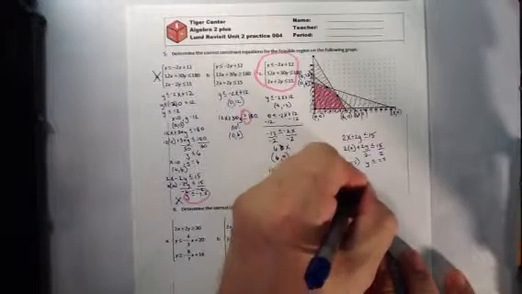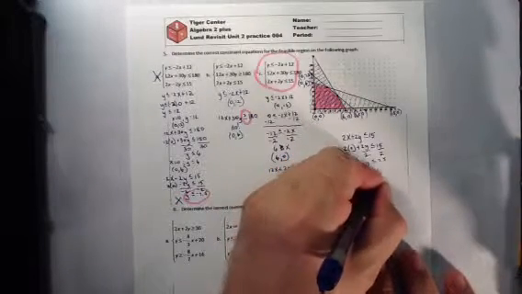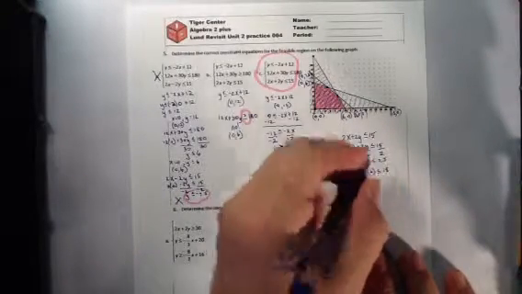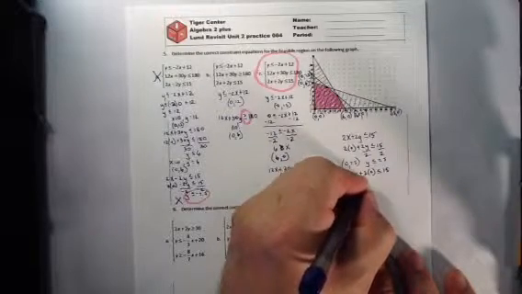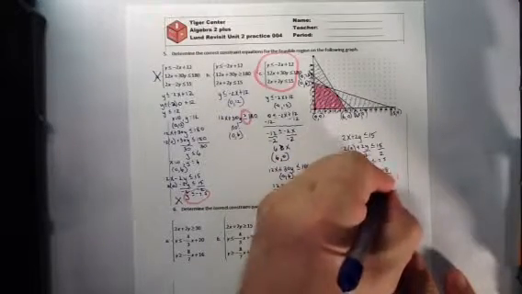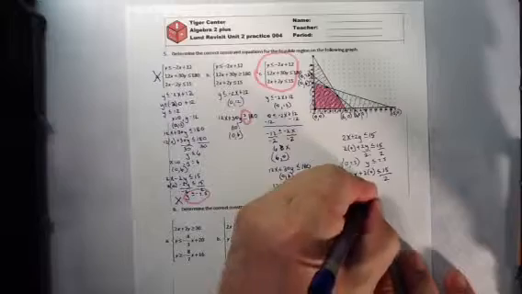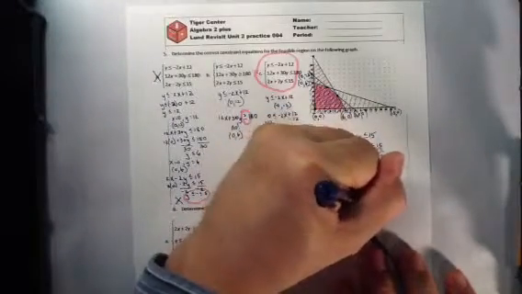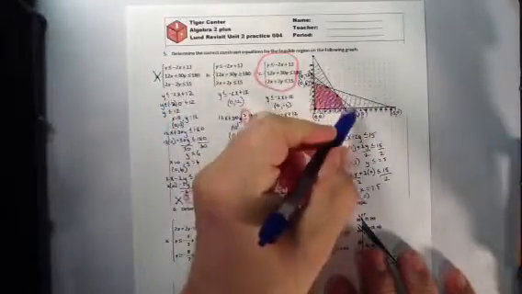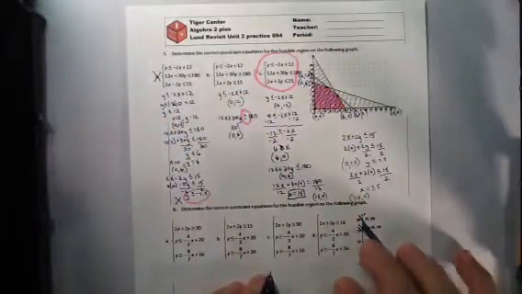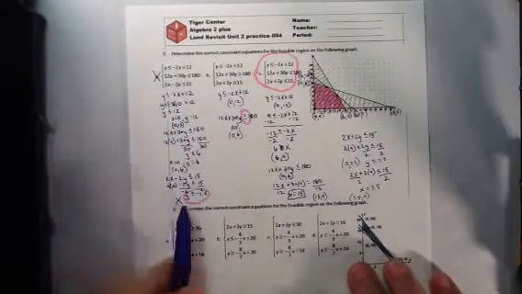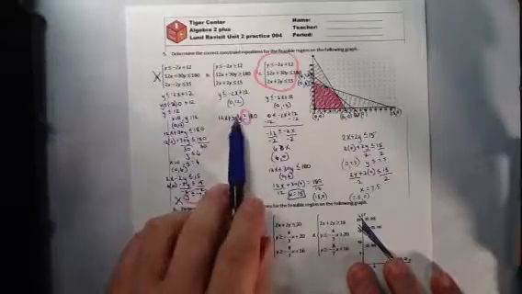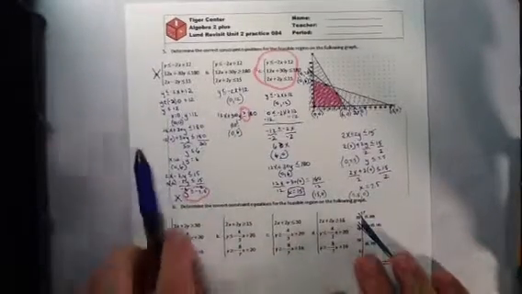And our last one, let's check it when y is 0. Divide both sides by 2. X is 7.5, so our final point, 7.5, 0. So, the first one didn't work, the second one didn't work, but the third one did.